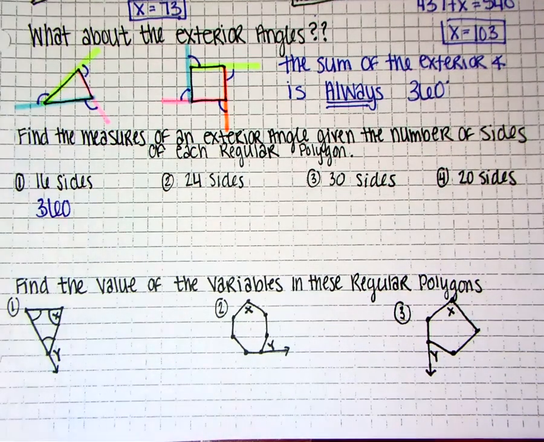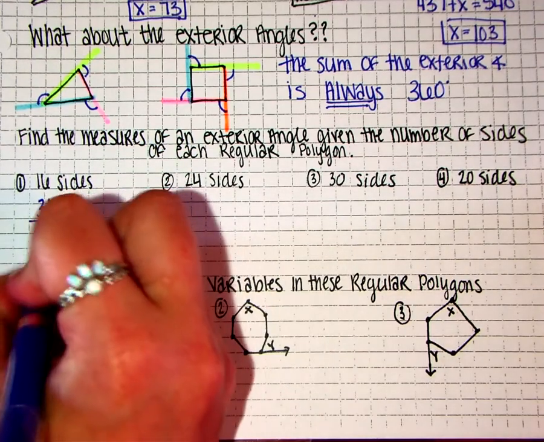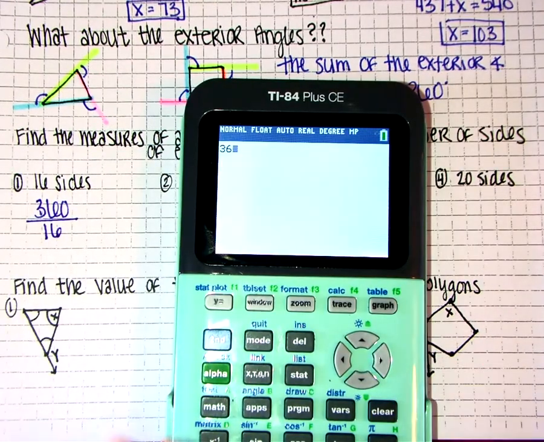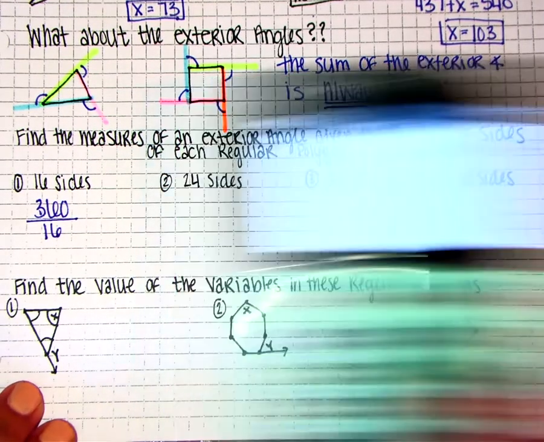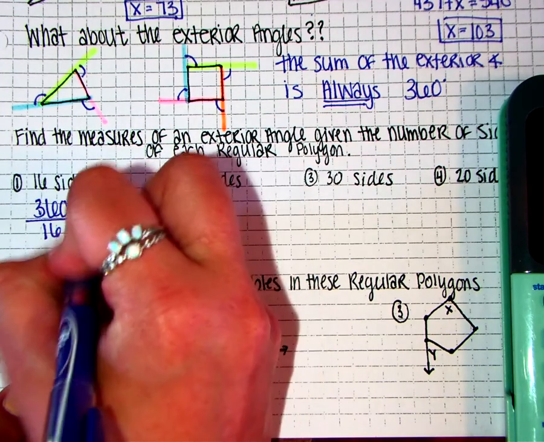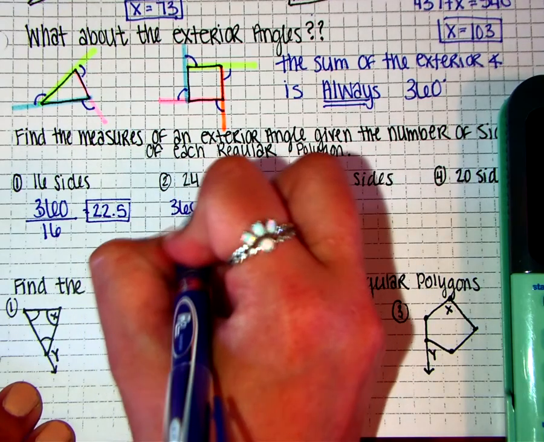Okay, so total 360 degrees divided by the number of sides. That's all you have to do. So 360 divided by 16 is 22.5. So each exterior angle is 22.5. Okay, same idea. 24 sides.